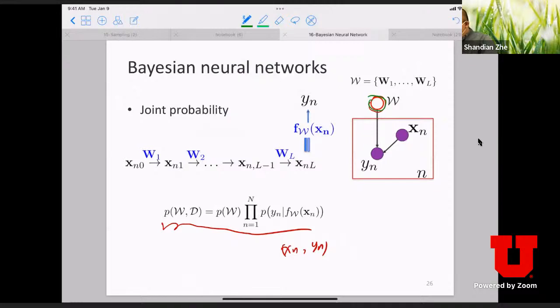Then given those weights, we sample the output. Given those weights, how do we sample the output? We first generate the neural network output, which is f of W, xn, and given that, sample yn. For example, if yn is continuous, then the most commonly used choice is the Gaussian distribution: sample yn with f of W, xn as the mean, and some variance parameter. That's it. This is the definition of Bayesian neural networks.